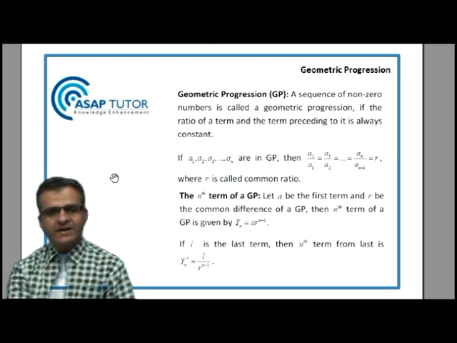For example, if I take a progression like 1, 2, 4, 8, 16, etc., then it becomes a GP. Because the ratio of 2 and 1 is 2:1, the ratio of 4 and 2 is 4:2, that is 2:1, and so on.